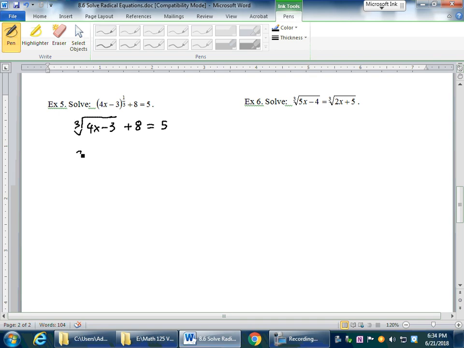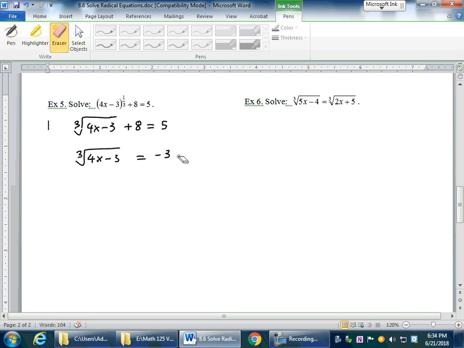To solve radical equations, first I need to isolate the radical by itself, so we subtract 8 from both sides, negative 3. Since the left-hand side is a cube root, the cube root of a positive number is a positive result, and the cube root of a negative number is a negative result. Therefore, it is perfectly okay to have a cube root equal to a negative number.